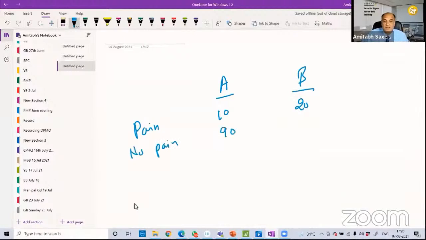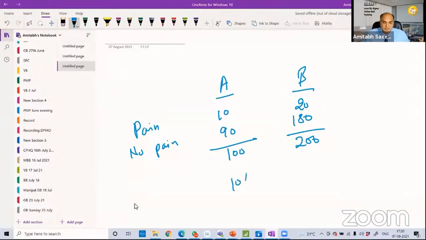Well, I give you this data. A vaccinated 100 people, B vaccinated 200 people. Now tell me, in terms of vaccination skill, who is better? Both are the same.